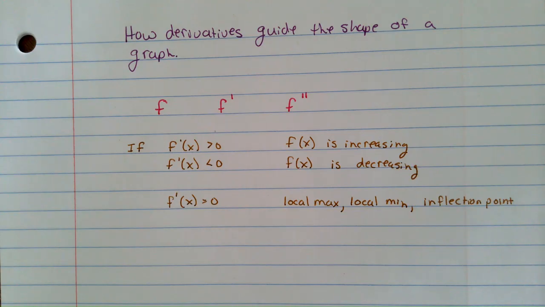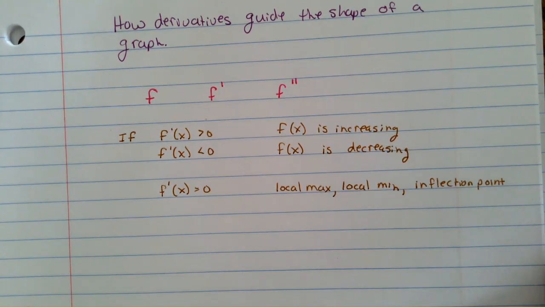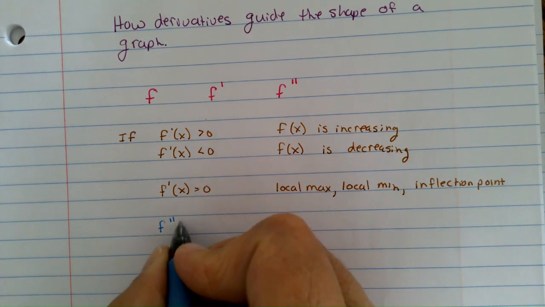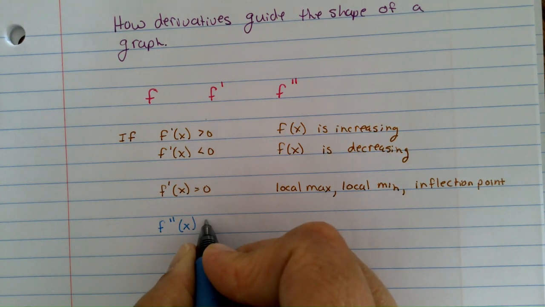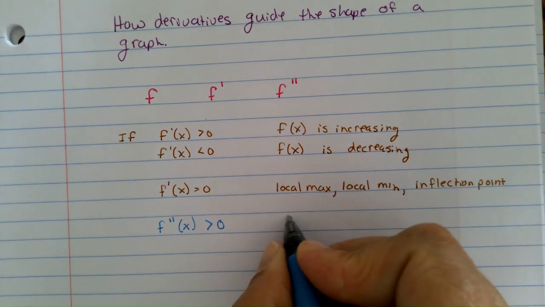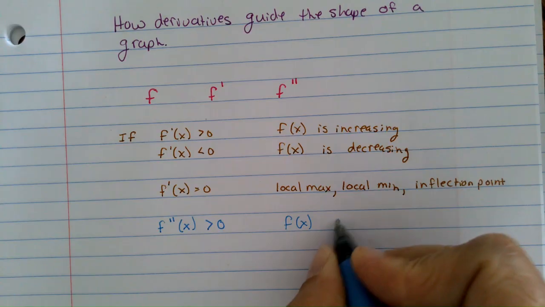Okay, so an inflection point is where you change concavity, which generally is done in the second derivative. If your second derivative is greater than 0, your graph will be concave up.